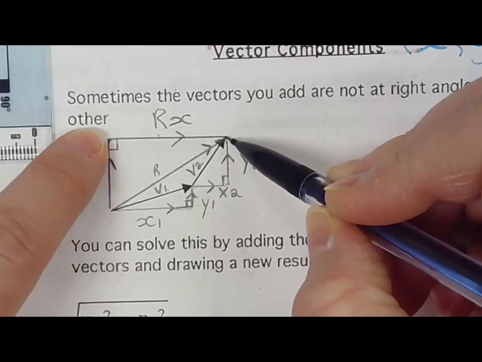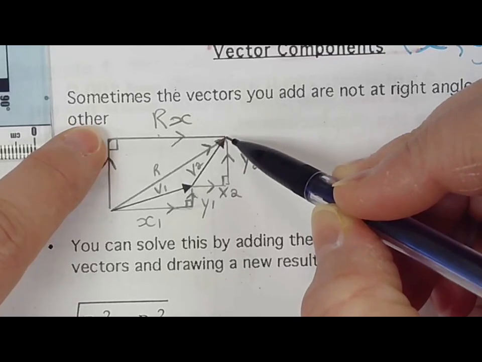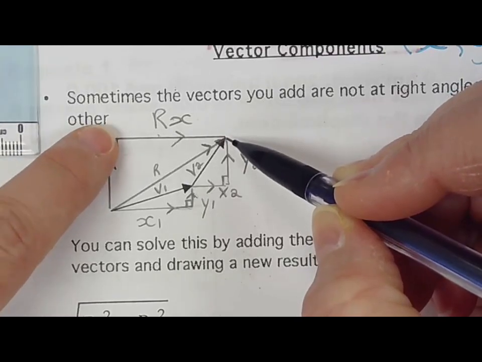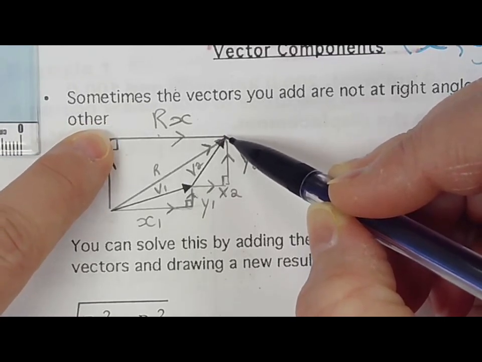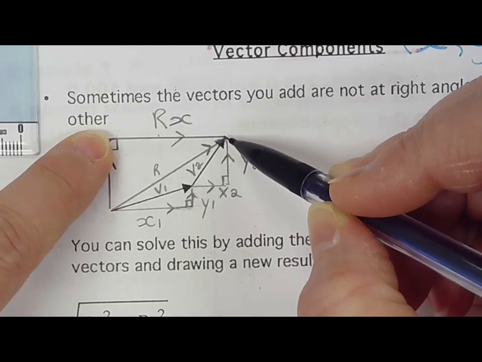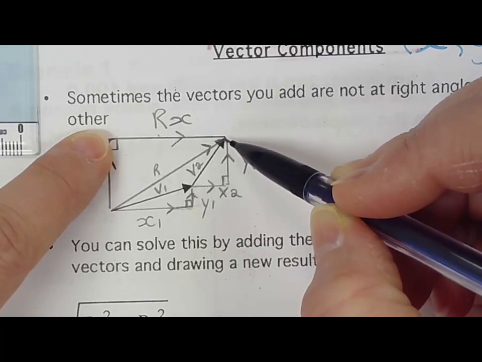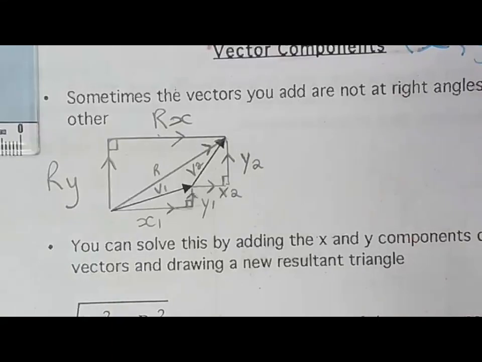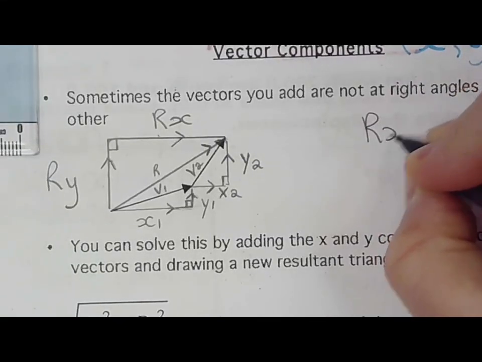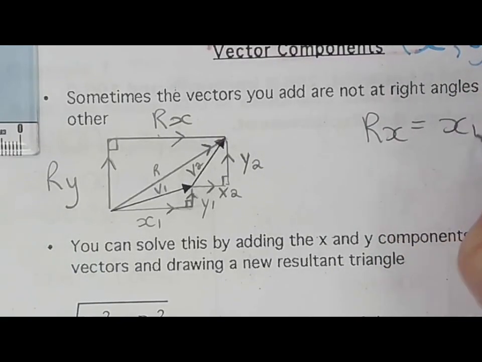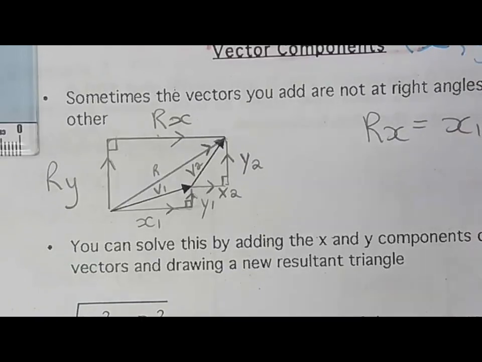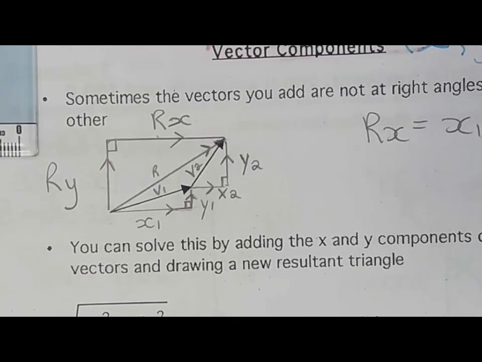If I wanted to get Rx, think of this as a grade 5 math question. Rx is this line here. What would I be able to sum to get Rx? Exactly. So as long as I know x1 and x2, boom, I've got Rx.